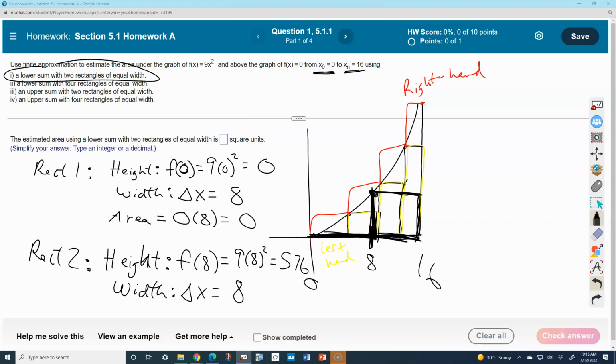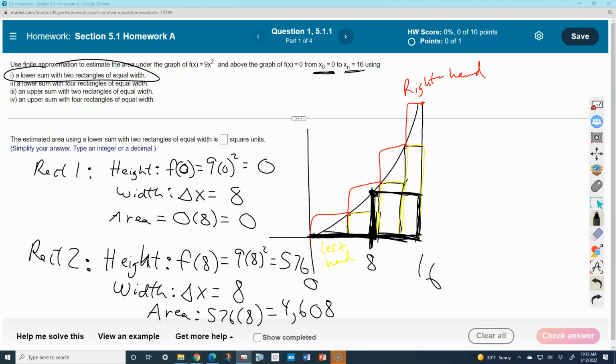And so, the area of that second rectangle is going to be 576 times 8, which is that.